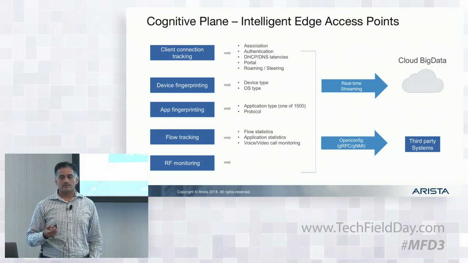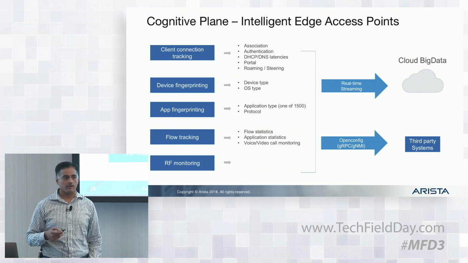Similarly, once the client's connection is stabilized and it has the IP address, the next thing the APs do is figure out what kind of client it is. For that, they have a device fingerprinting module. Based on the traffic that they are seeing, they apply these fingerprints and extract the device type and OS type of each wireless client. Then the traffic starts flowing, and we want to know more about it.